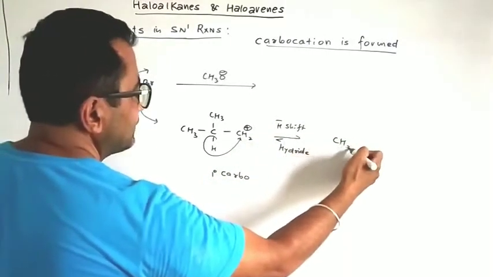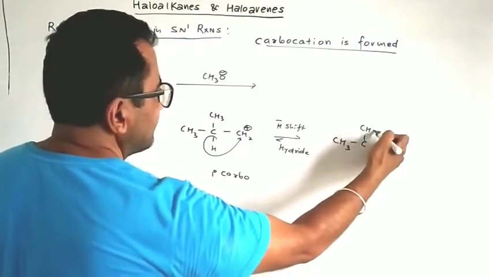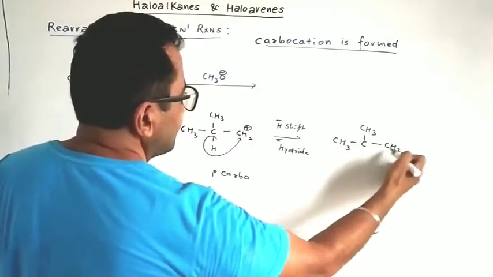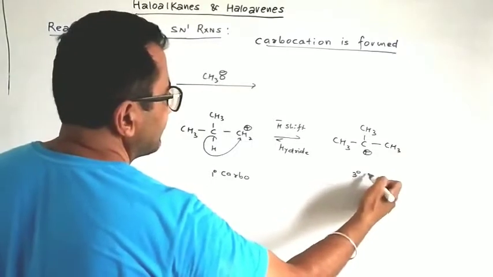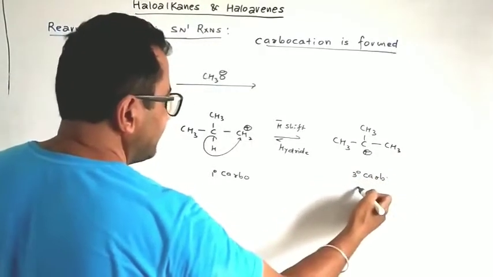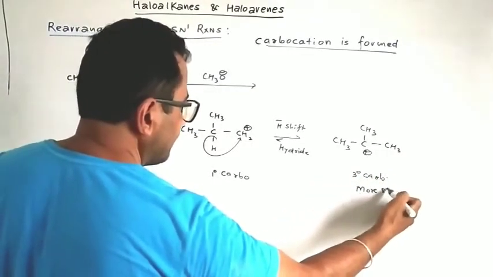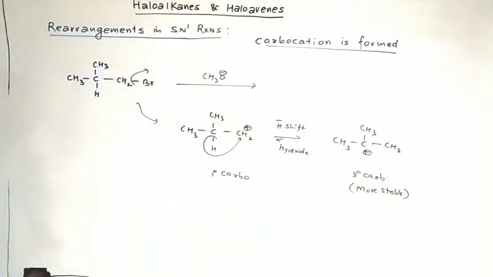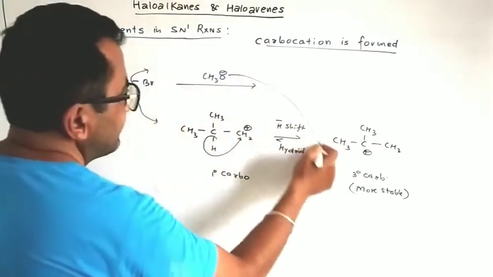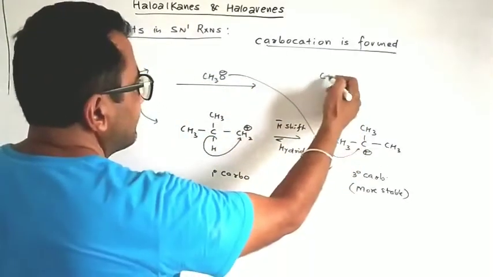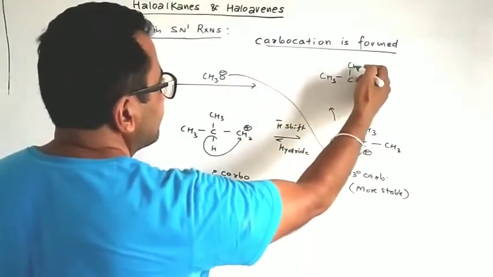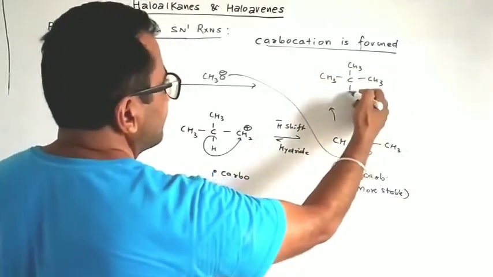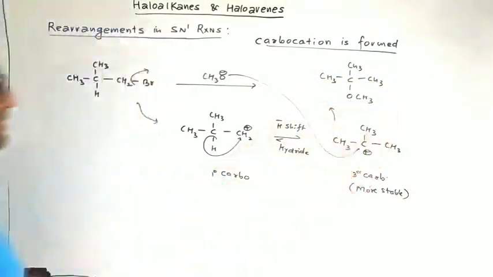To produce, again you can see, this is a 3 degree carbocation. It is more stable. Then this nucleophile attacks over here to give this final product. So this is a hydride shift in the SN1 mechanism.